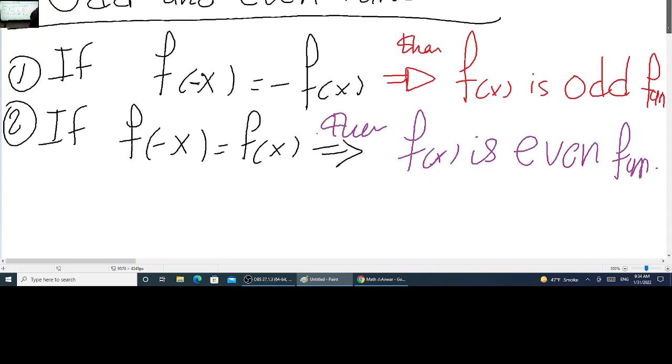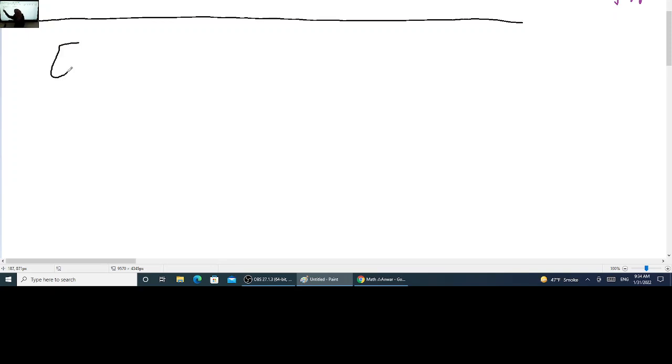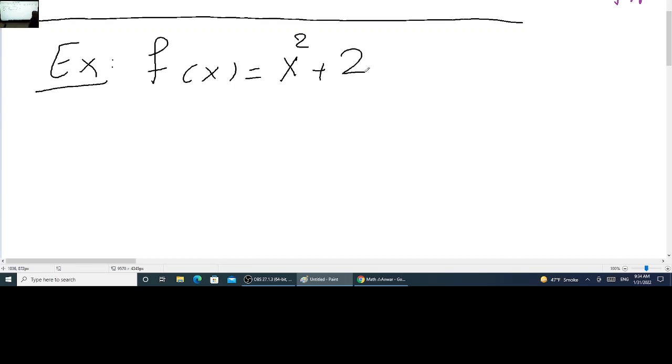Let's do an example. Determine whether f of x is odd or even or neither. Example: let f of x equal x squared plus 2. Determine if this function is odd or even.